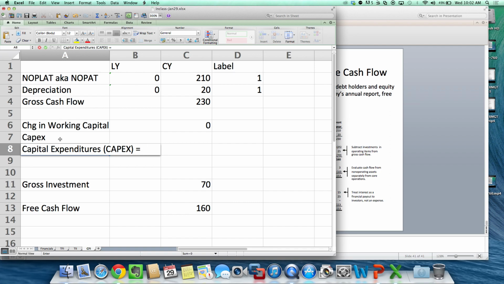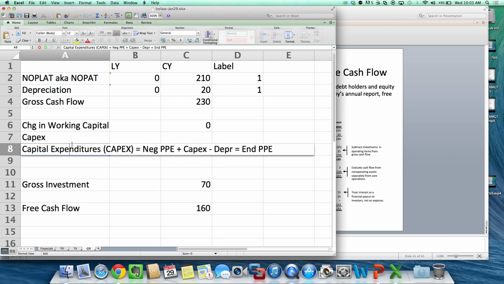If I take my beginning PP&E plus my CapEx minus my depreciation, I get my ending PP&E.